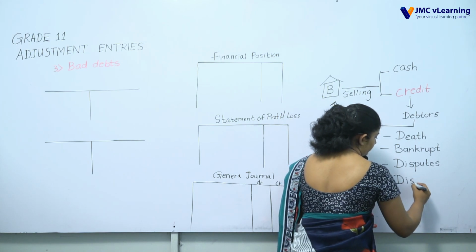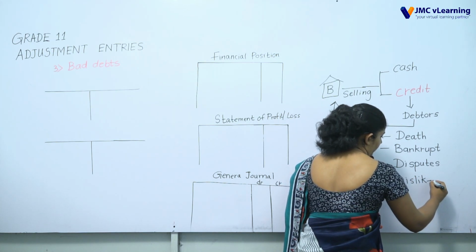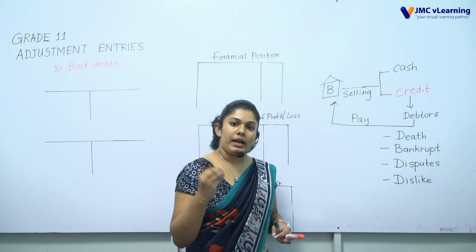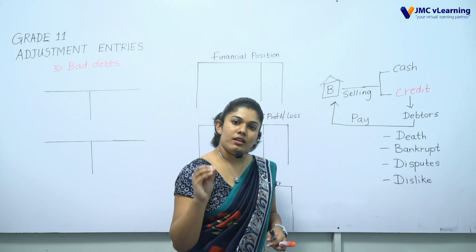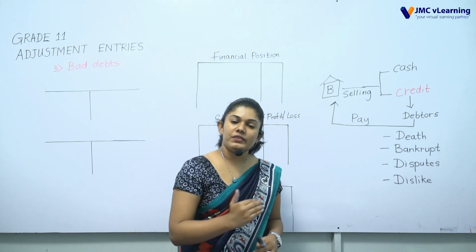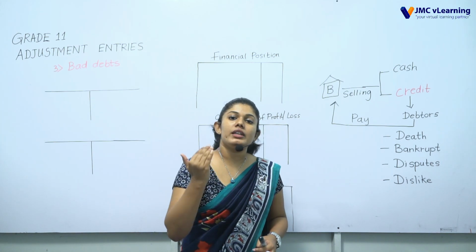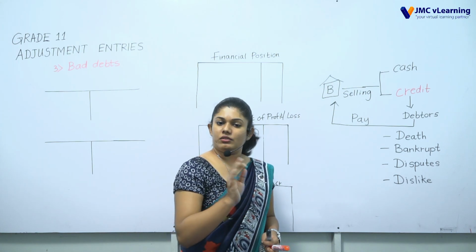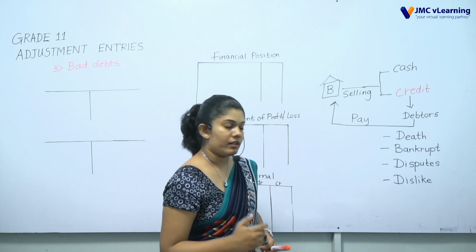And dislike. Dislike means my debtor does not like to pay me. He is refusing the payment. He is avoiding the payment. When I am asking for money, he is saying, no, I'm not paying. Like that.